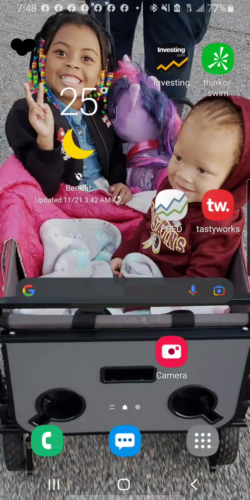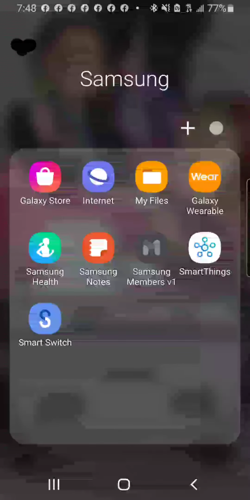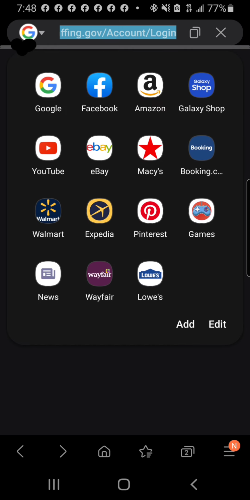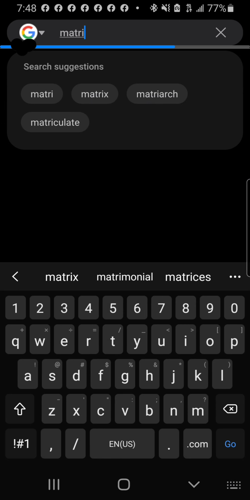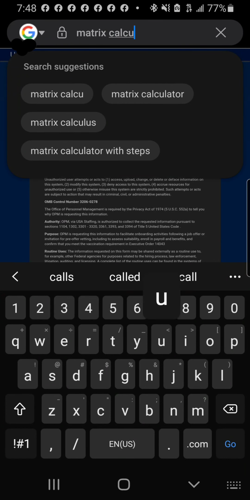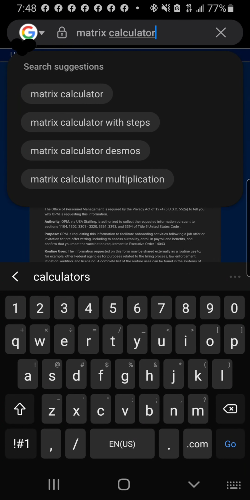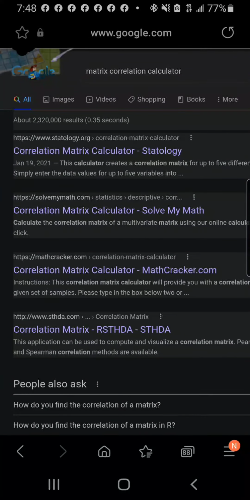Let's see. Let's go to Samsung Internet right quick. I don't think I have it saved to this phone, but if you can look up a matrix correlation calculator. Let's see, what can you find?